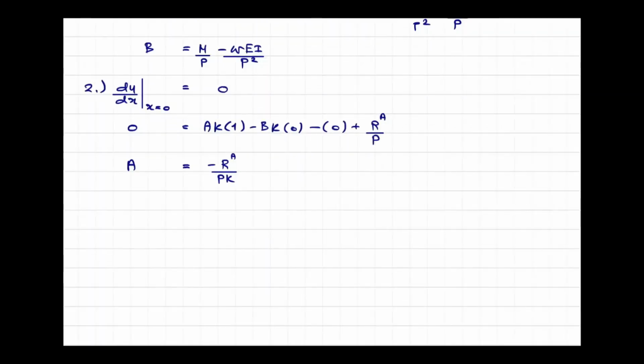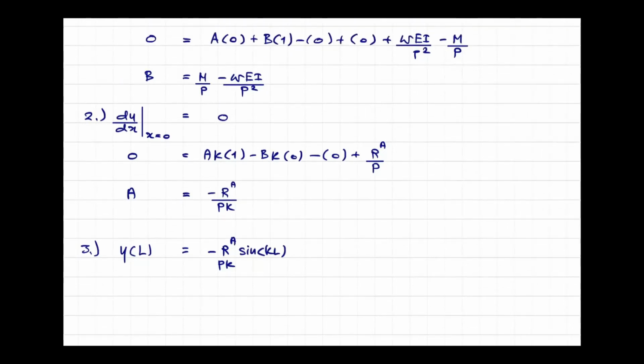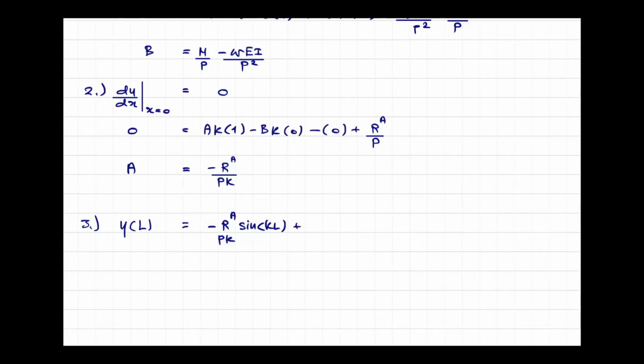Number 3, substitute the L into the X. We have the A sine, well, 1 second, A, which is the minus RA over PK sine KL. How about B? The term gets quite EI over P square cosine KL.